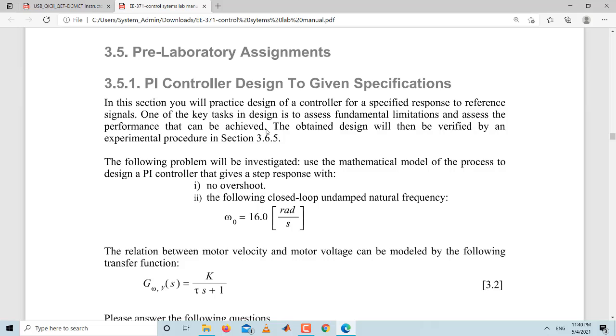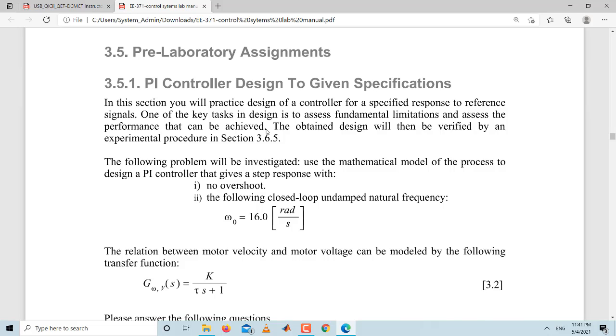We have to design the PI controller to given specifications. And what are those specifications? There should be no overshoot in the step response, and the undamped natural frequency value is kept equal to 16.0 radian per second. So it is just like a design problem where we are given two requirements or two specifications, and according to these two we have to design our controller.